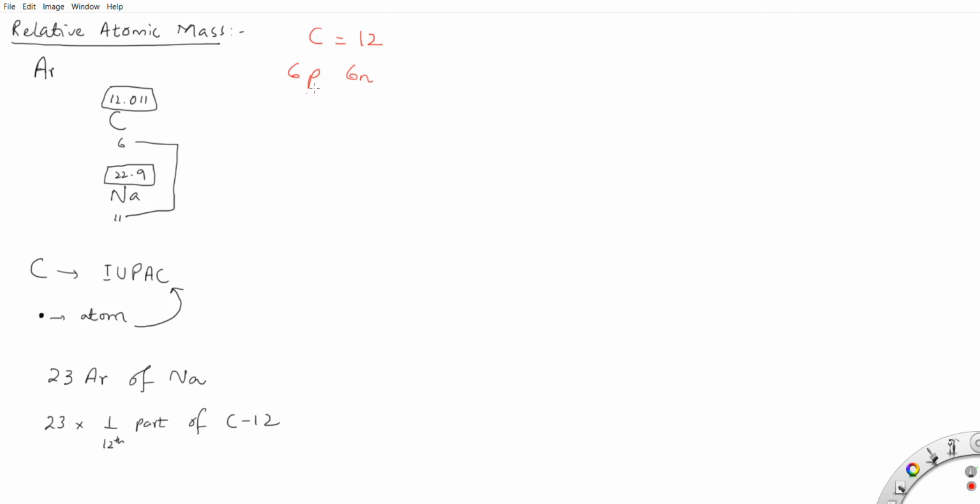So they initially figured out that out of these 12 parts, we can assign one part of carbon as the standard. So now every value in the periodic table, let's say we are considering chlorine as 35.5. So this is the atomic mass of chlorine, that is Ar. So this 35.5 Ar means that this 35.5 is basically times the mass of one proton or one neutron, that may be close to 1.6 × 10^-27 kilograms.